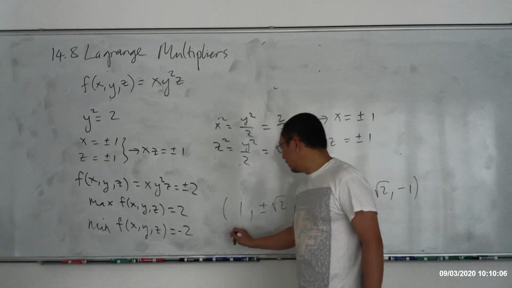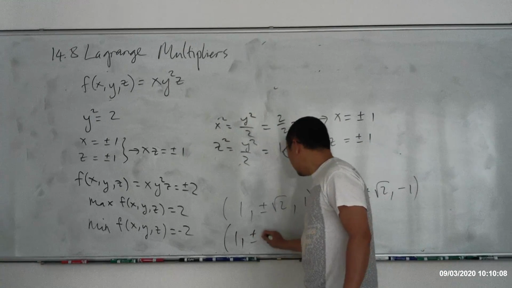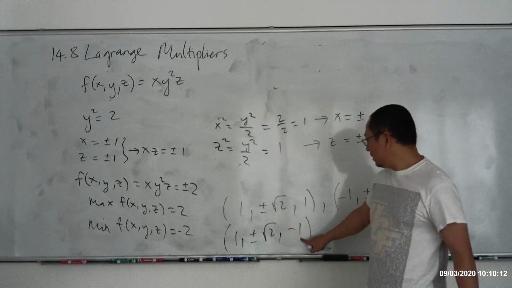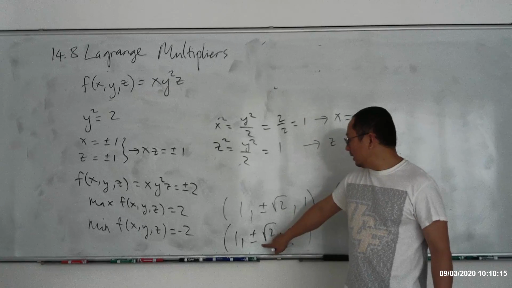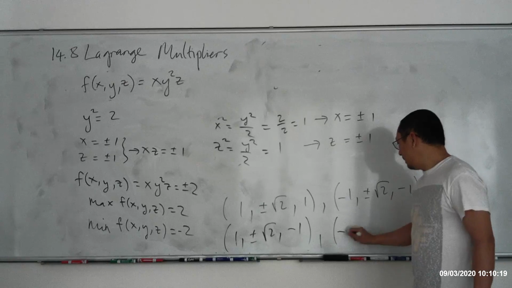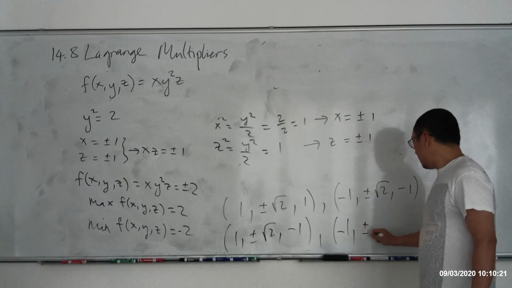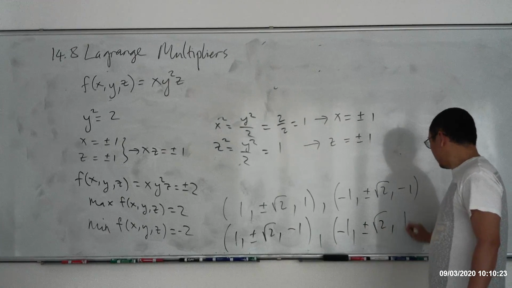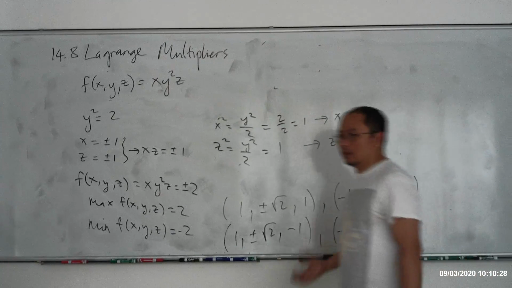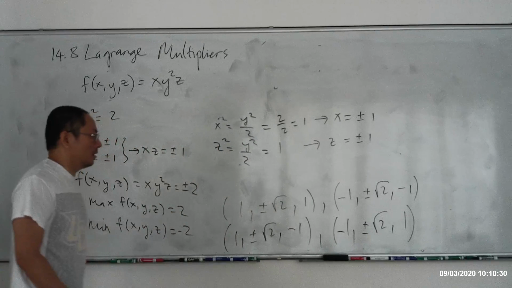It's going to be alternating. So 1, plus or minus root 2, negative 1. Right? So 1 times negative 1 is negative 1, times root 2 squared, so 2, so it's going to be negative 2. The other one is going to be negative 1 for x and positive 1 for z. Okay, those are a total of 8 points. 4 points are going to be maximum, and the other 4 points are going to be the minimum.